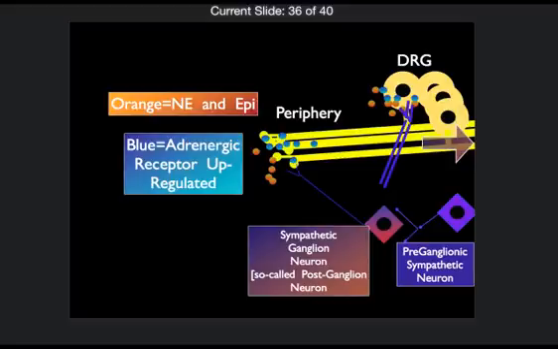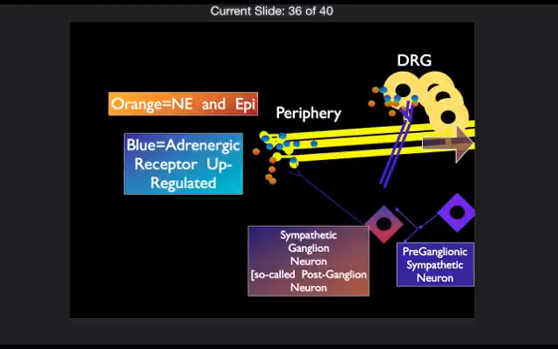If you take the preganglionic sympathetic and the postganglionic, so-called ganglion neuron, and they go out into the periphery, when there's injury, especially crush injuries, and we talk about causalgia, the complex chronic regional reflex sympathetic dystrophy category, reflex sympathetic dystrophy 1 and 2, something interesting happens.